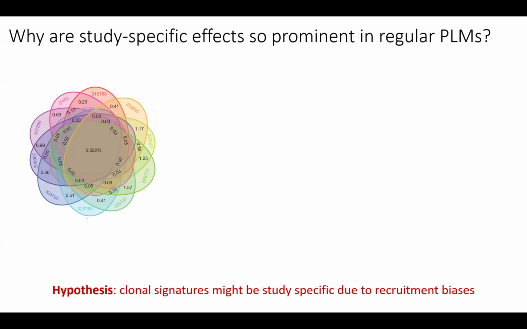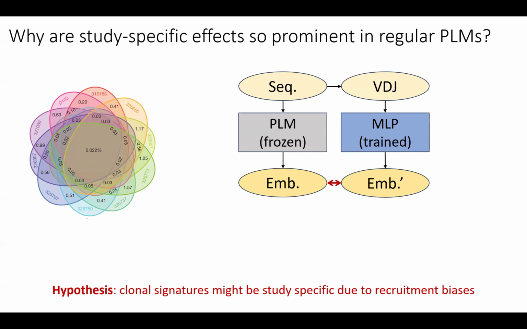So how could you address this? One way is, again, inspired by the single cell literature in terms of adjusting for batch effects. In this case, I have the sequence and I can run it through my regular PLM and get an embedding. The embedding is the representation. But separately, I can get the VDJ markers for this, like the clonotypes.